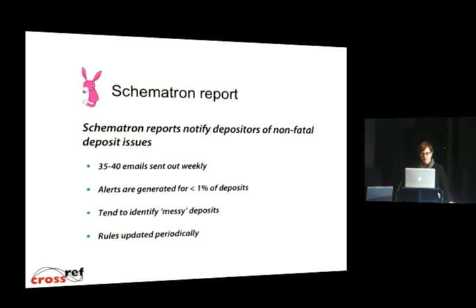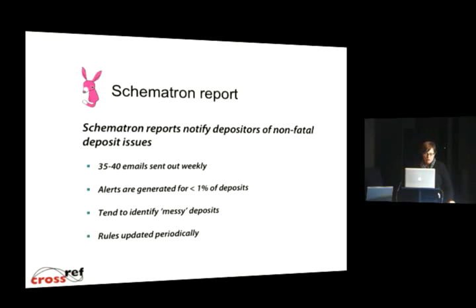We also have something called the schematron report. Schematron is a validation language. It lets us dig a little further into the metadata that's supplied in deposits than a regular XML validation can. These reports are used to identify messy metadata. We need to be flexible and accommodate variances in data, so our deposit schema can't keep all of the questionable data out without blocking good data as well.